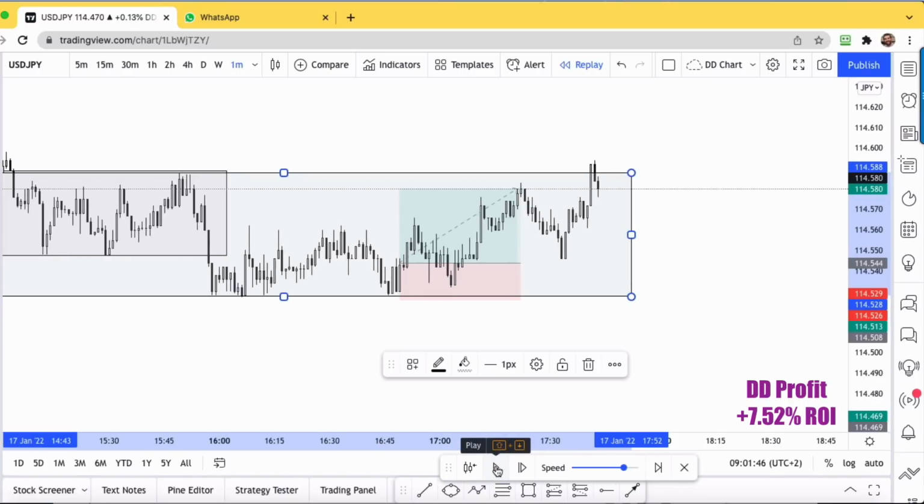Okay, so we kind of broke out of that range over there, and we pulled back in. So this might be a break and retest.